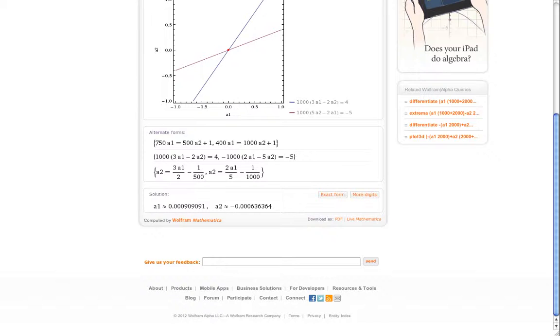That gives us a numerical solution, and you can see from this that A1, which is what I called I1, is going to be 0.909 milliamps, and A2 is going to be minus 0.636 milliamps.